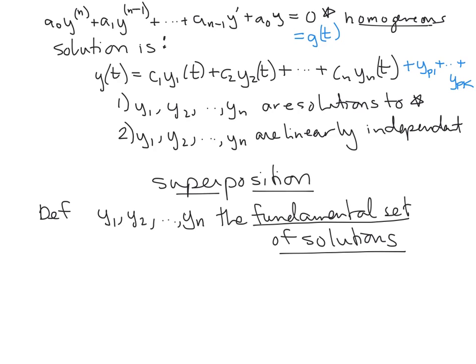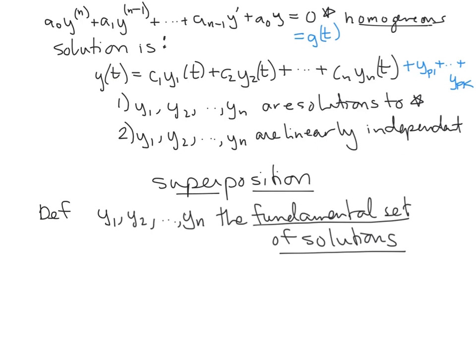So the solution is going to be all of these things: the fundamental set with constants out in front, plus the particular solutions, notice there's no constants out in front there, all added together. Now these y sub n's have to be solutions to that initial homogeneous differential equation.